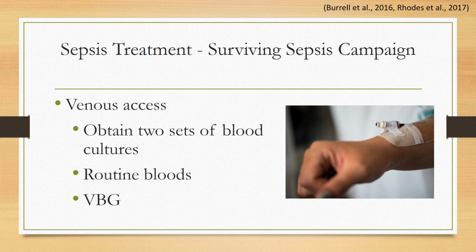The Surviving Sepsis Campaign would recommend the following initial treatment for Mr. Smith in the emergency department. First, obtain venous access, and while doing that also obtain 2 sets of blood cultures, run routine bloods, and also a VBG so we could run a lactate.